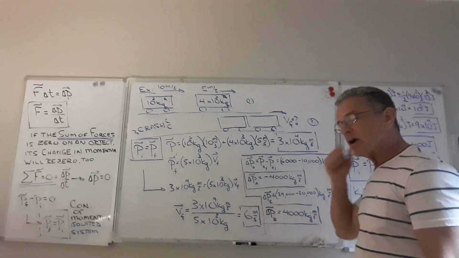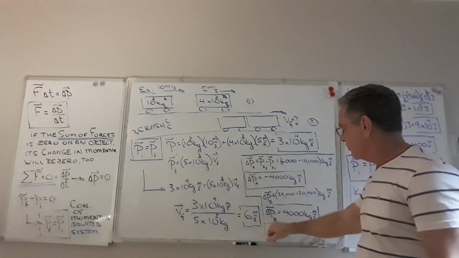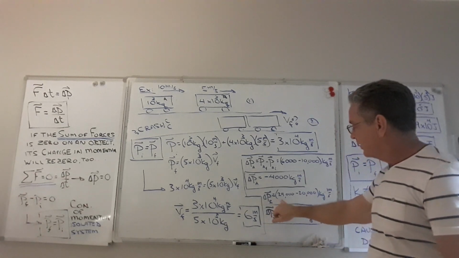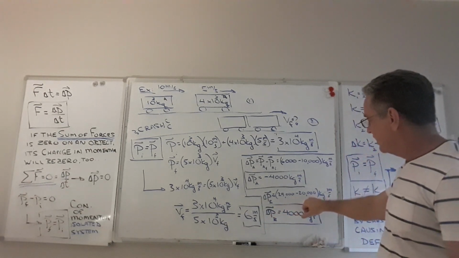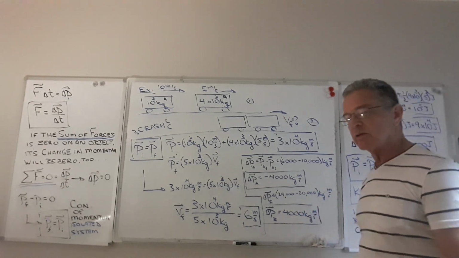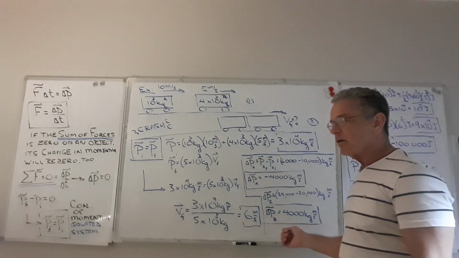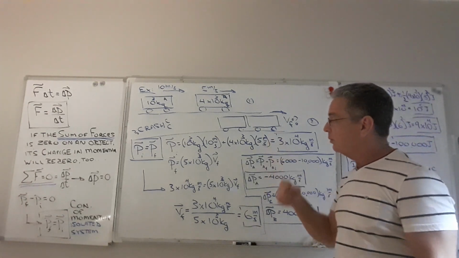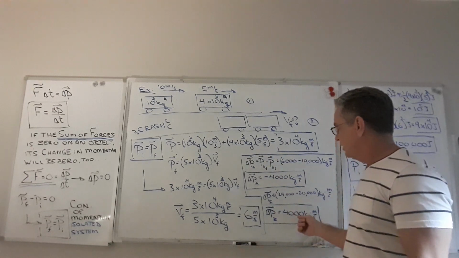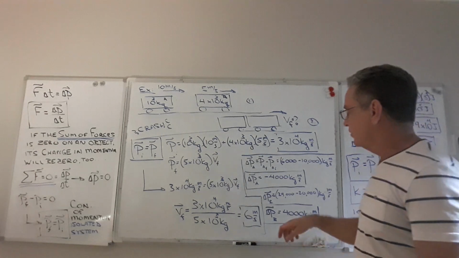And if you do the same calculation for the car on the right, car B, its change in momentum is going to be 24,000 minus 20,000 kilograms meters per second, or positive 4,000 kilograms meters per second. So the change in momentum of the more massive car during the collision is positive 4,000 kilograms meters per second.